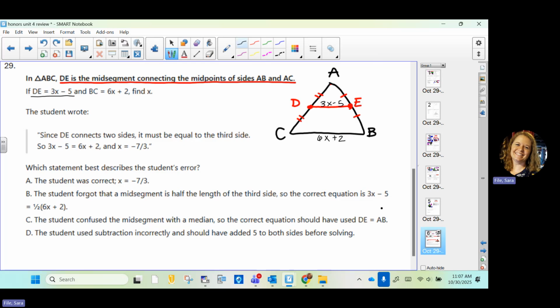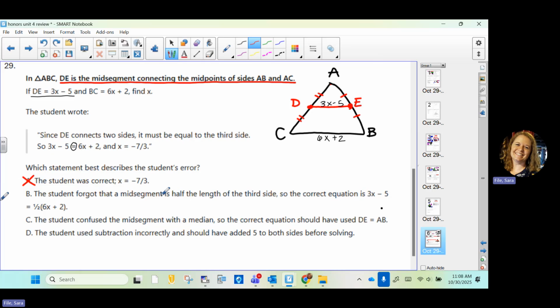So what the student did was set those equal to each other. Are those equal lengths? No. What's the relationship supposed to be? DE is half of CB, or CB is double DE. They are not equal to each other. Okay, so he's definitely not correct.